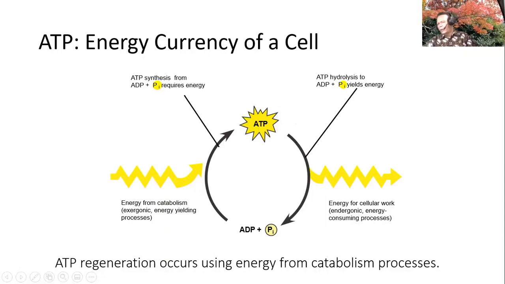ATP will be hydrolyzed into ADP. So energy for cellular work, we call this endergonic, energy consuming processes. And energy from catabolism is exergonic, an energy yielding process.